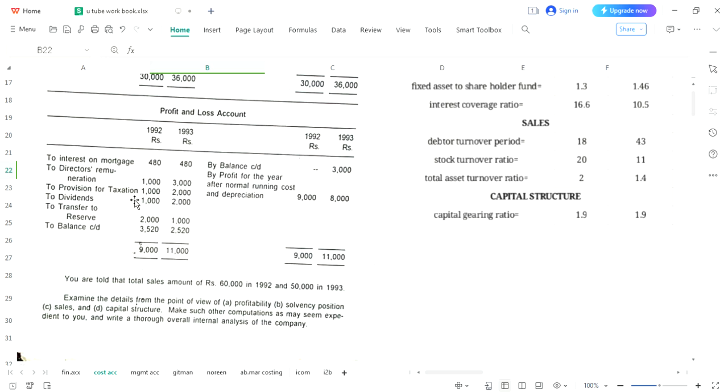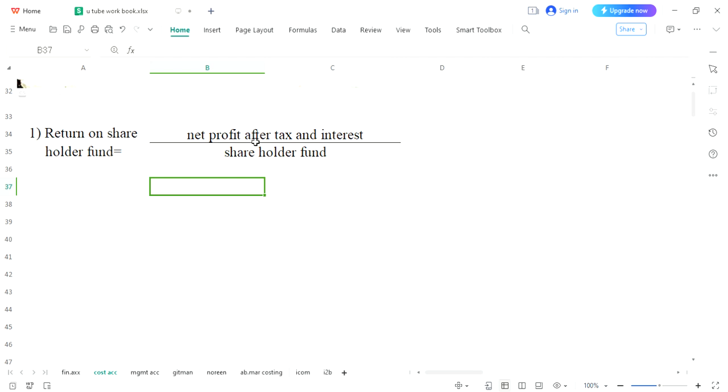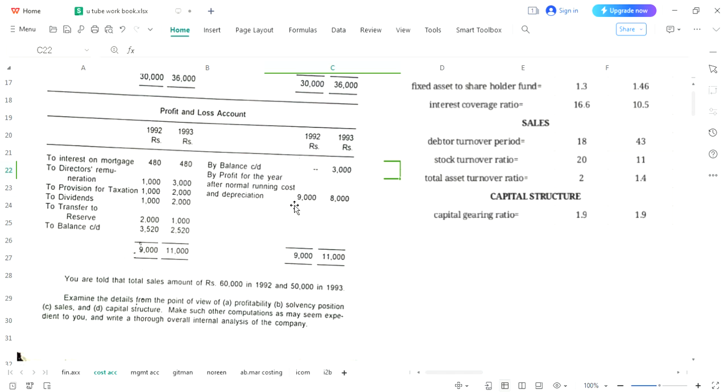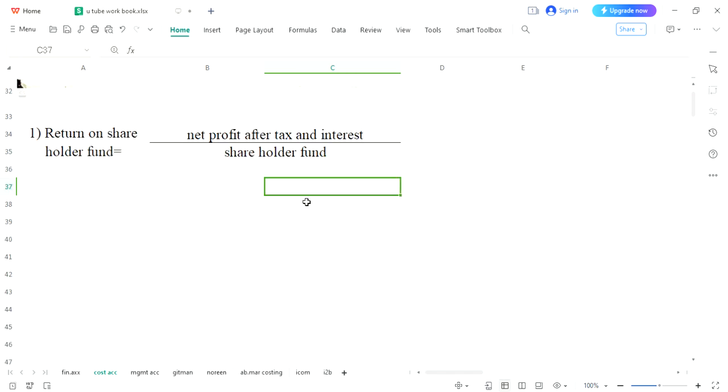Again, this was the profit where interest was not charged, taxation was not charged, and salaries were not charged, and your formula says to have a net profit after tax and interest. Here I'm going to solve. This was your profit, 9,000. At this stage, you haven't charged your interest, which is 480.